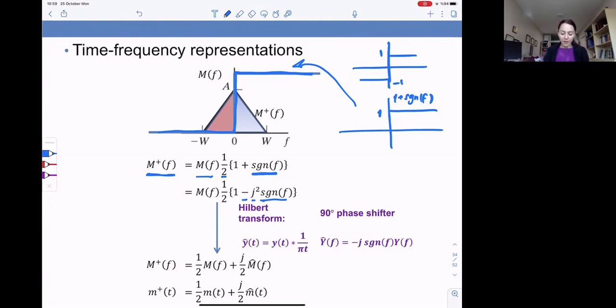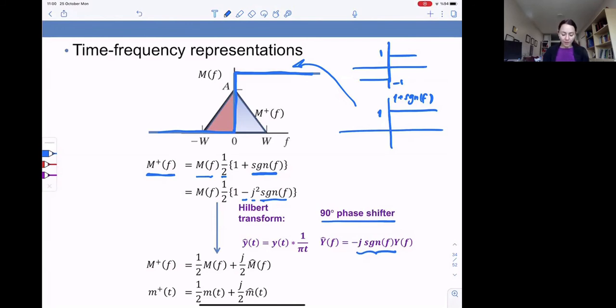Okay, but then you will recognize this j times signum of F from before as the Hilbert transform. Okay, the Hilbert transform is a 90-degree phase shifter.